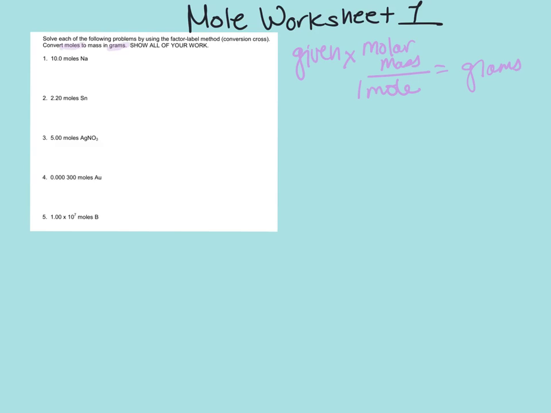So for this one, I'm going to do number 2 right there, just as the example. So our given is 2.20 moles of tin. And then we're going to multiply that by the molar mass of tin from the periodic table, which is 118.71.